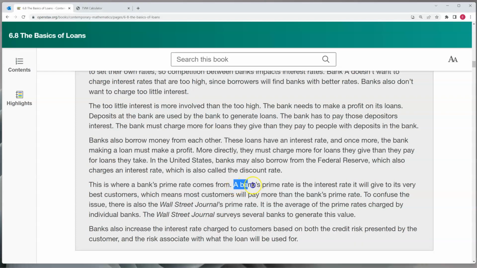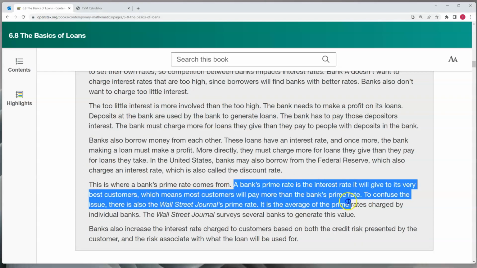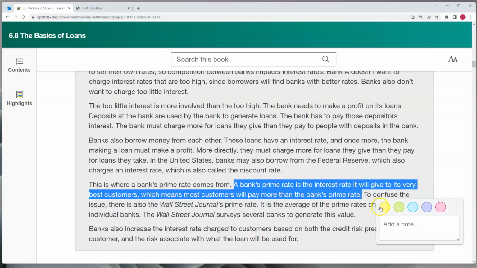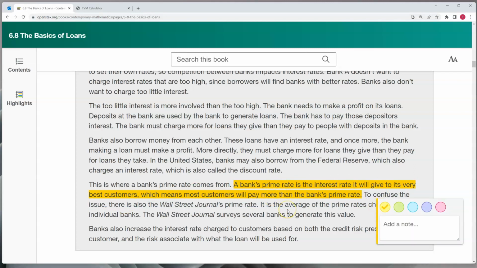Here's what I'm going to highlight that it's talking about. A bank's prime rate is the interest rate that it will give to its best customers, because that's basically what it's getting from the federal government. They're going to add a little bit to it, because that's how they make money. Interest is basically a fee that you pay. So the prime rate is the bottom line, and then it can go up from there.